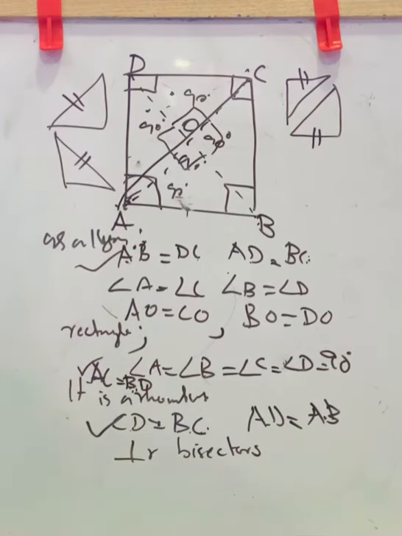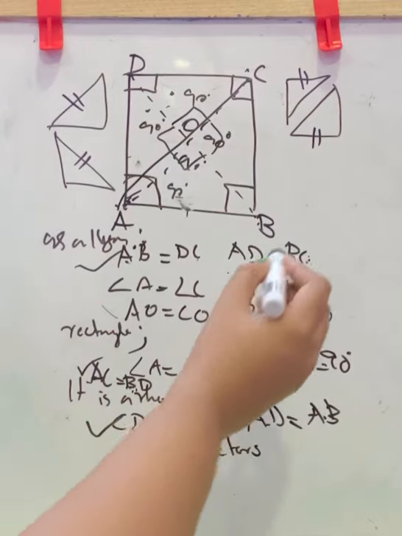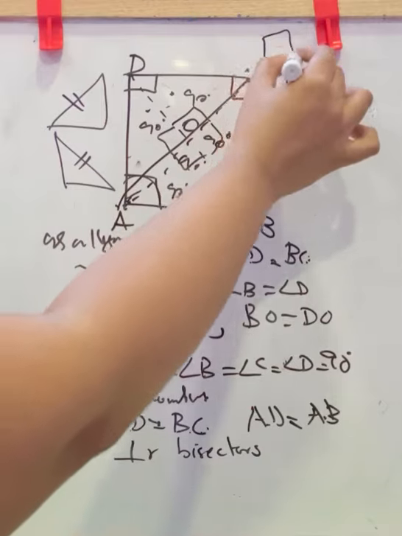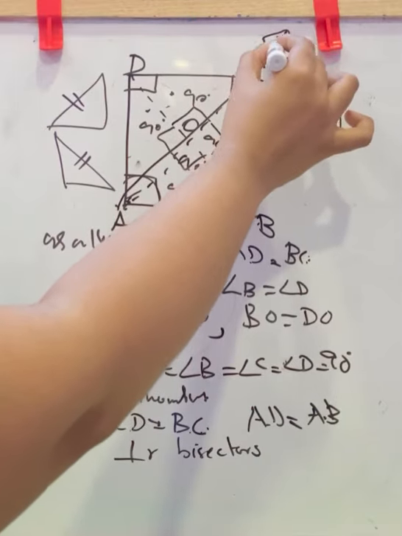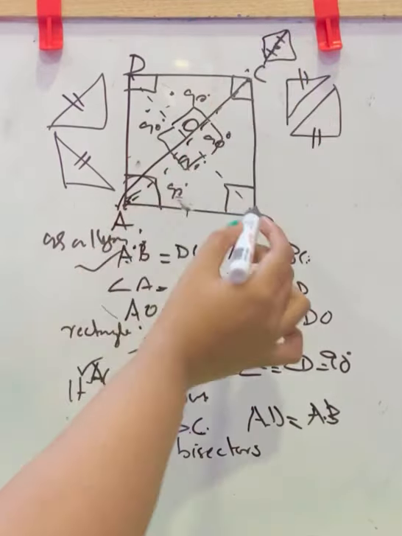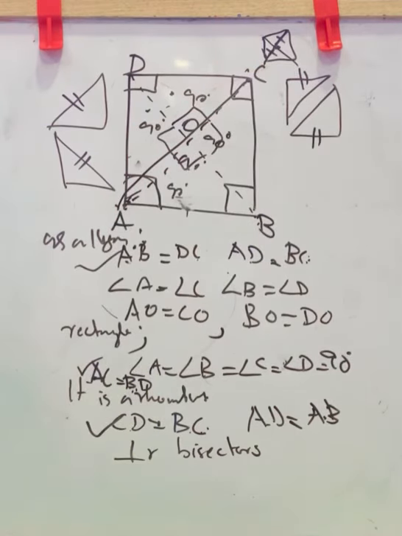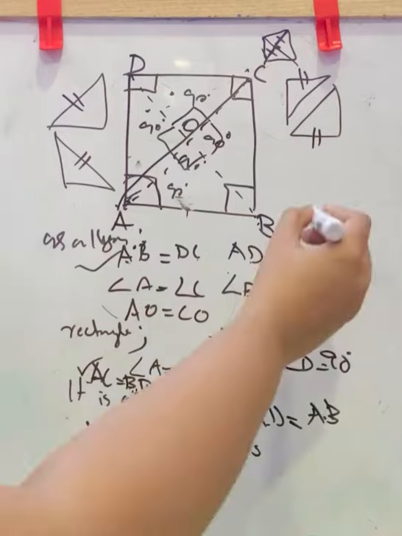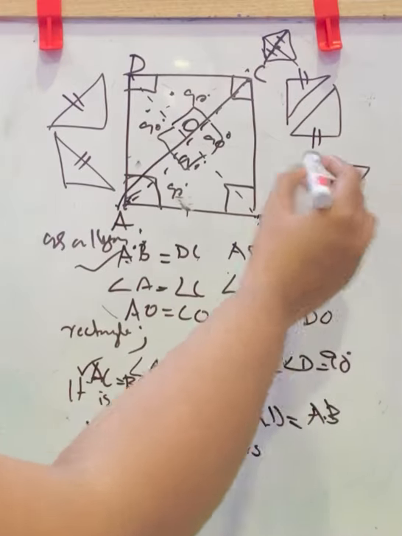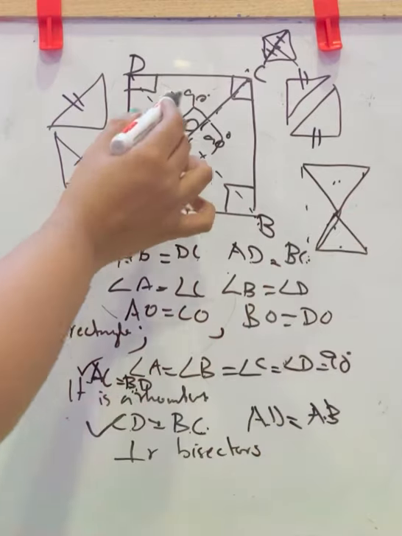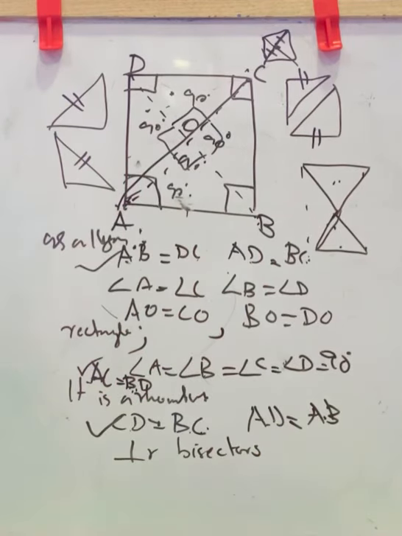Now if you are asked to find bisection of diagonals, that is, in a square, this length and this length are equal, or this length and this length are equal. Diagonals bisect each other. If you want to prove that, consider this upper triangle COD and AOB, this triangle and this triangle, as in the parallelogram.